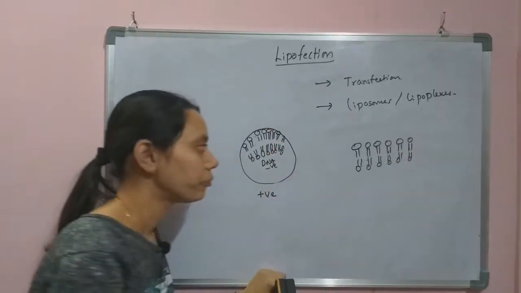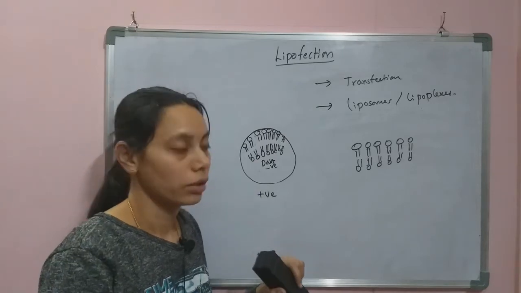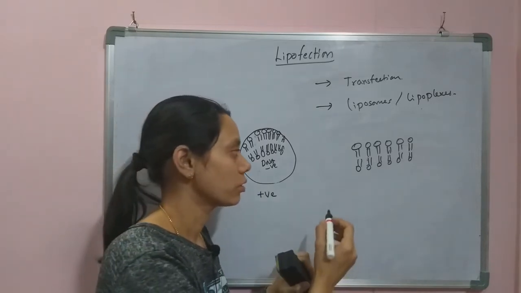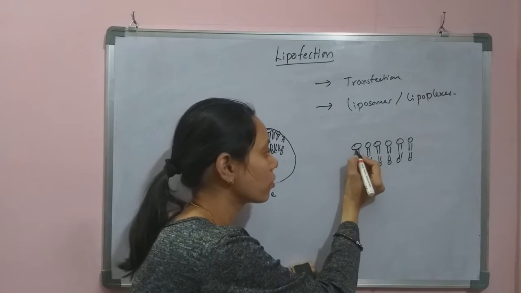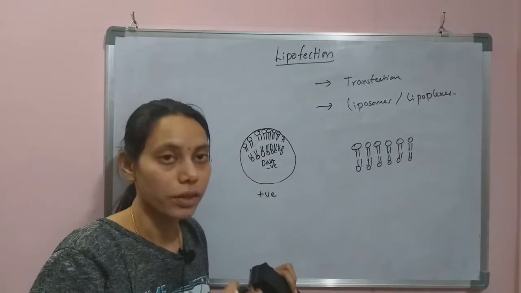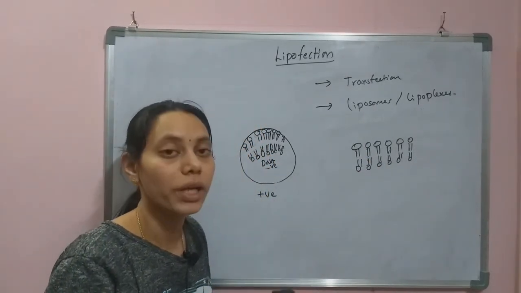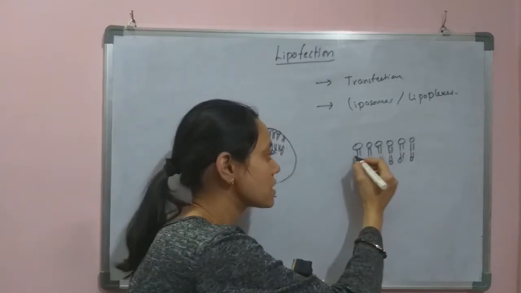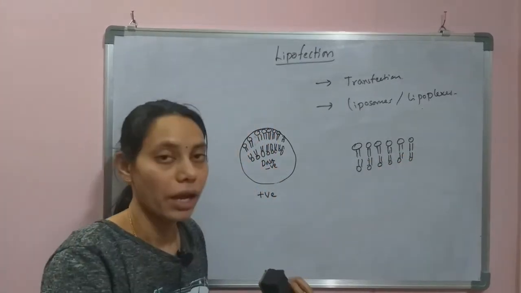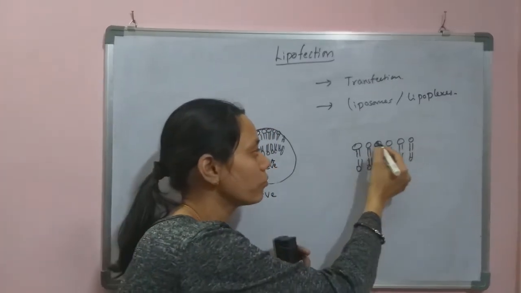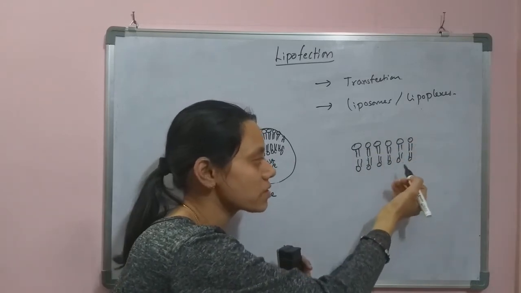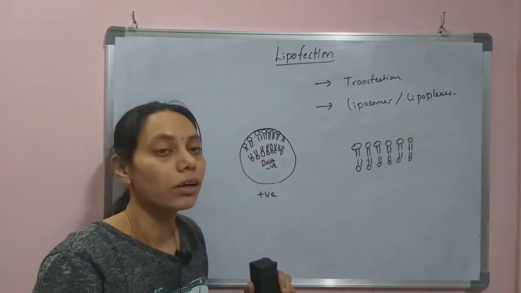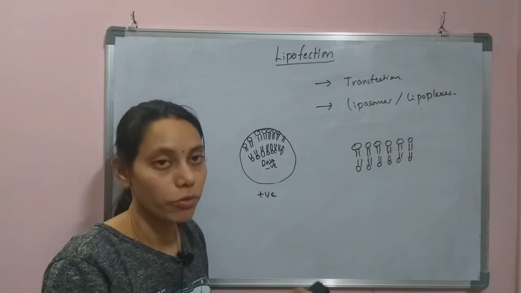Generally, we can find the hydrophobic or lipophilic portion inside the bilayer, and outwards there will be the phospholipid heads, which are hydrophilic or lipophobic in nature.